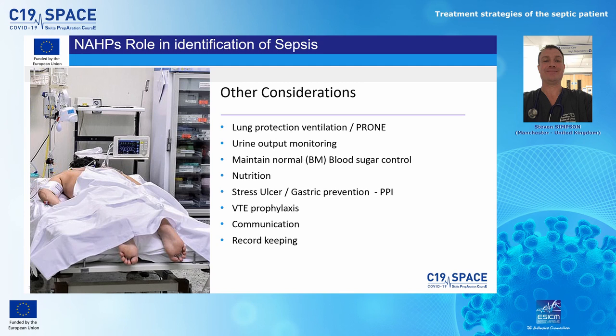Patients can develop stress ulcers and will need gastric prevention such as a PPI, proton pump inhibitor. Patients that are immobile in intensive care units can develop deep vein thrombosis, and good venous thromboprophylaxis is essential in intensive care patients.